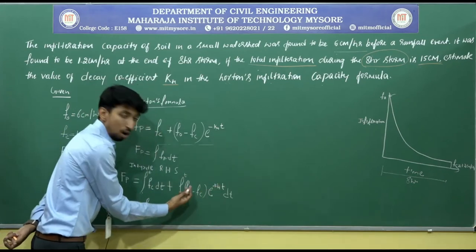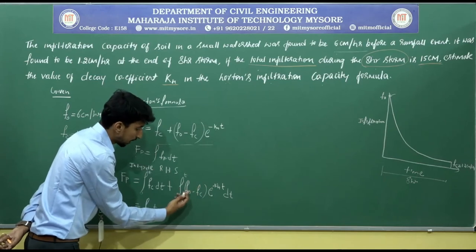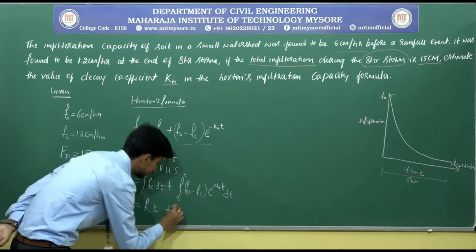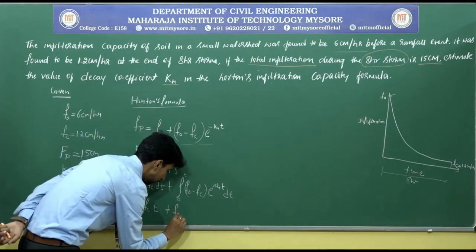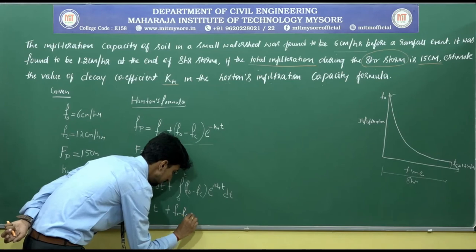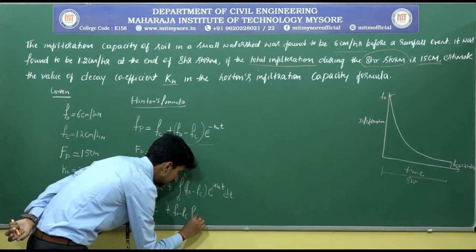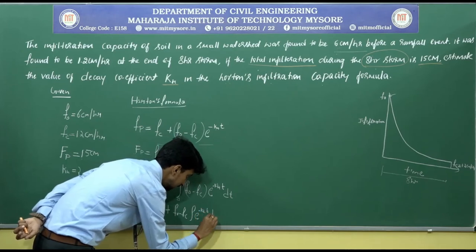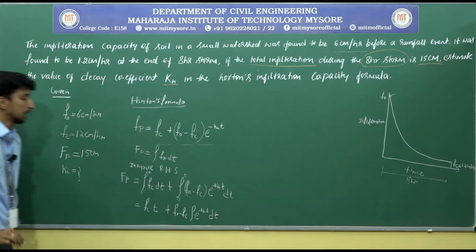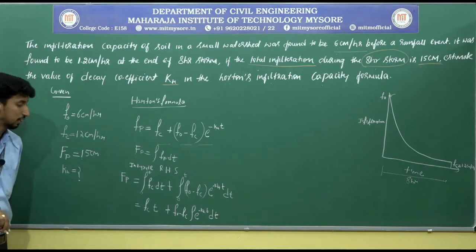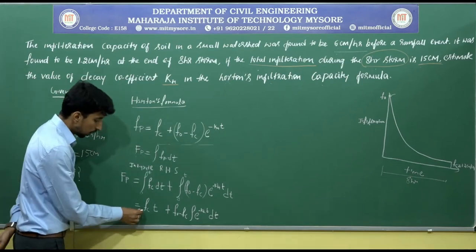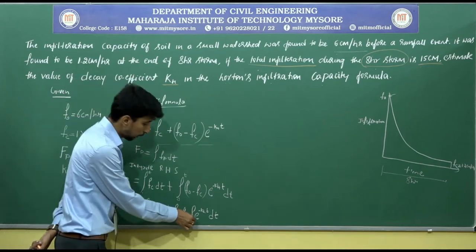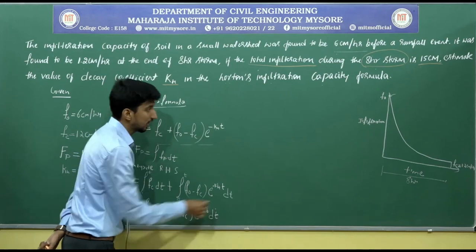So remove from the bracket f naught minus fc, it should be taken outside. F naught minus fc. Now integrate e power minus kh t dt. Now we have already integrated fc t.